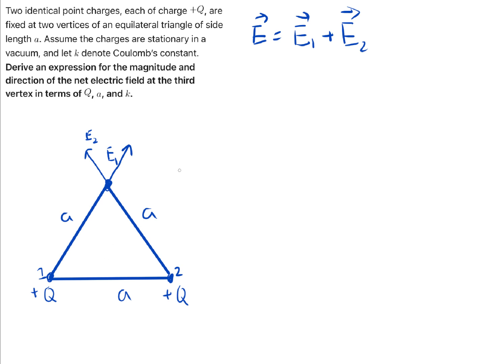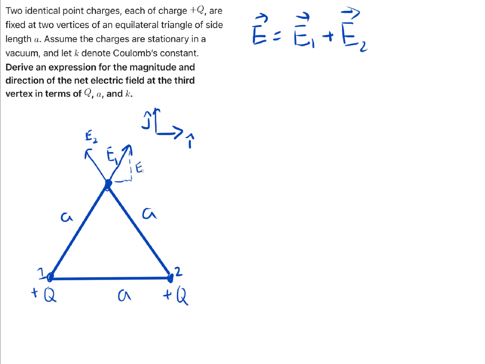For example, let's choose this direction to be the positive x direction, and this direction is the positive y direction. I hat is a unit vector in the x direction, and j hat is a unit vector in the positive y direction. Now let's decompose each of these vectors into their components so that we can add their components to find the components of the net electric field vector.